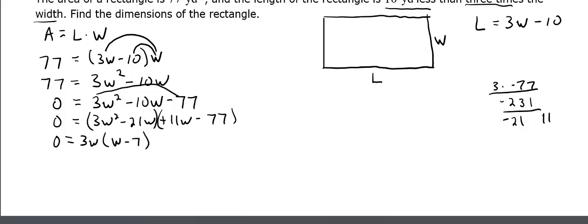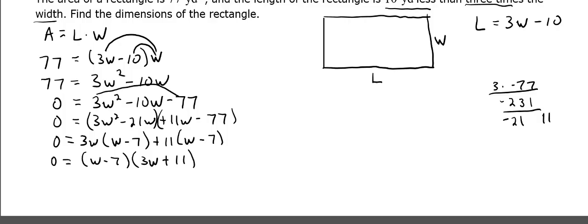And in the second group, we can remove a positive 11, and that would leave us with W minus 7 as well. So our GCF is W minus 7. And when we divide that out of each term, that leaves us with 3W plus 11.